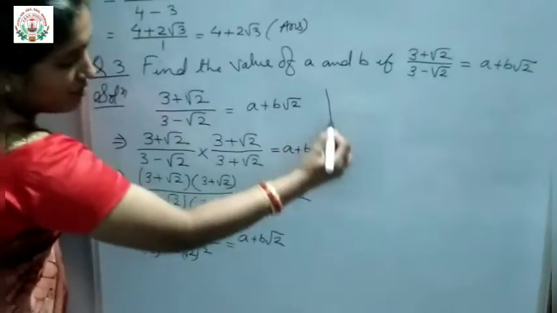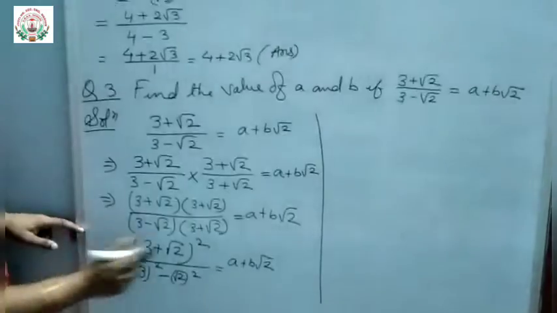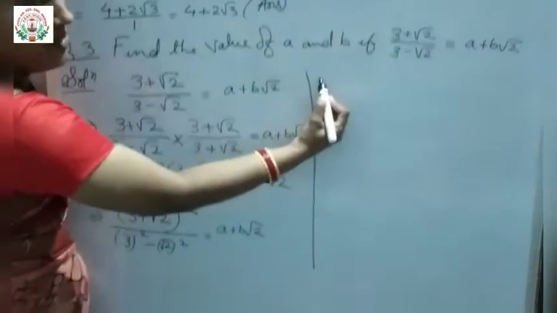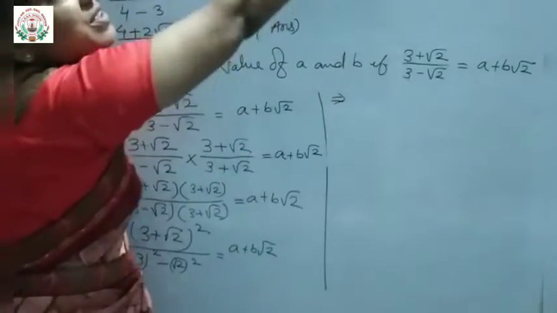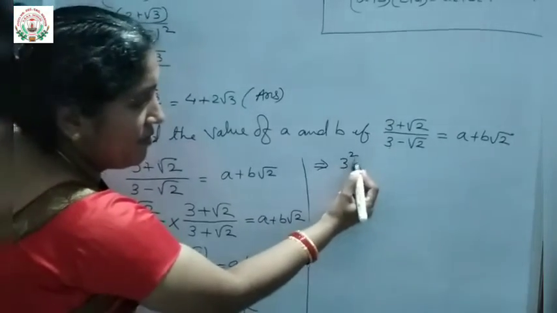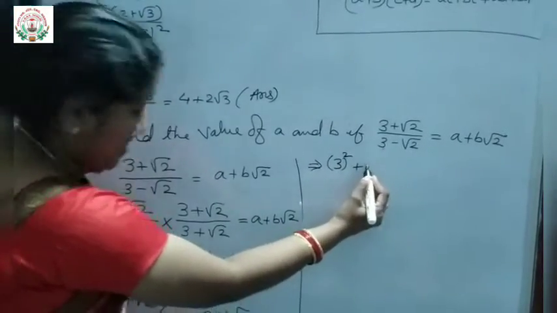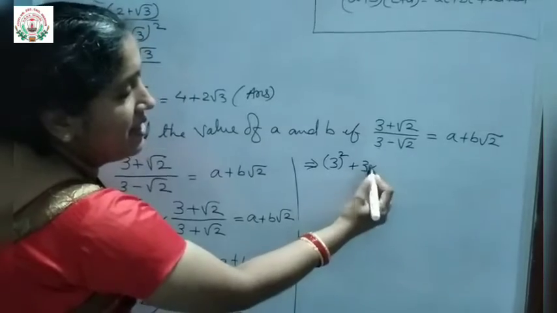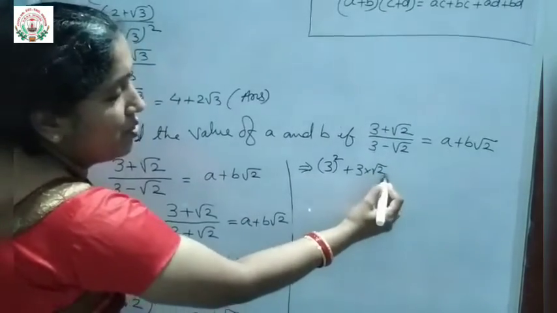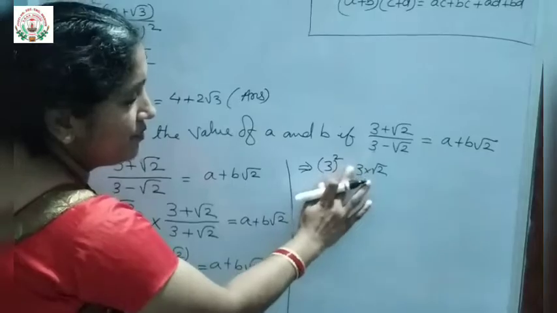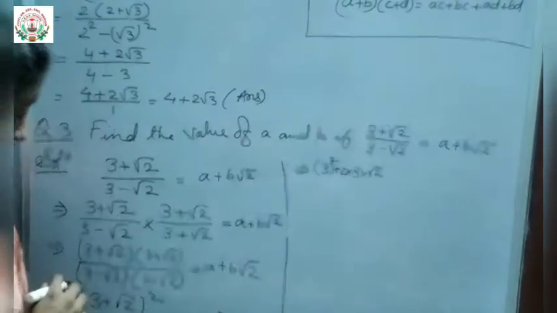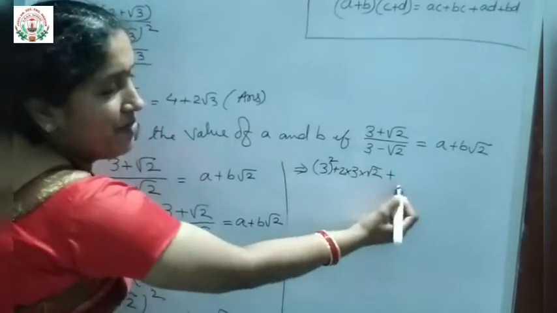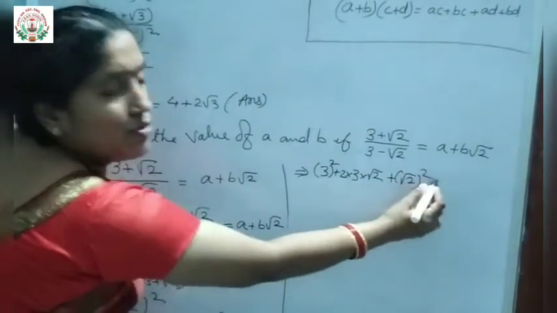Okay, now the other part we will see on this side. Now what is this? We will take here and write the a plus b whole square formula. Here it is given, so likewise we will write that is 3 square plus 2ab, plus 2 into 3 into root 2, plus root 2 square.